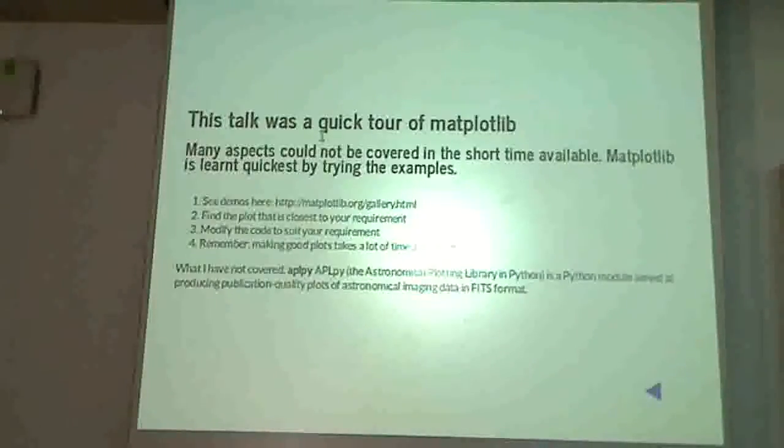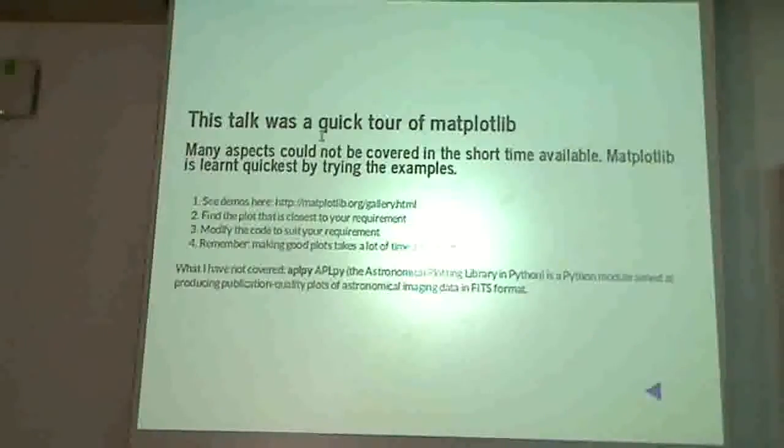Then we have looked at various other kinds of plots, 3D plots, for example, contour plots and things like that. I looked at how error bars are plotted and how to control the plotting of error bars, etc.